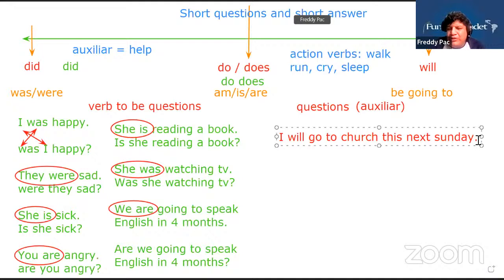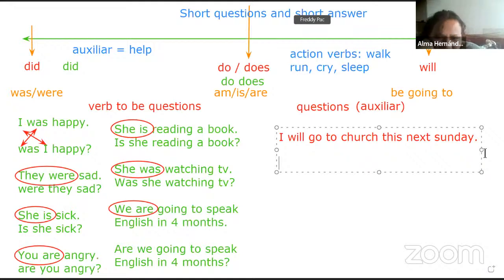So now what do I do to transform this into a question? Alma, try to tell me the steps. Don't worry, you don't have to run, nothing. What is the first step that I have to do?